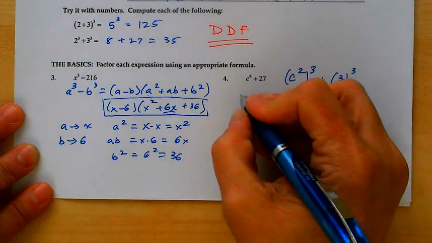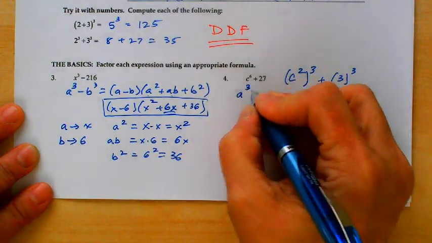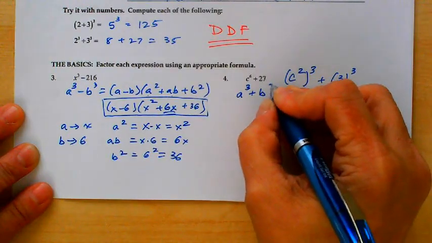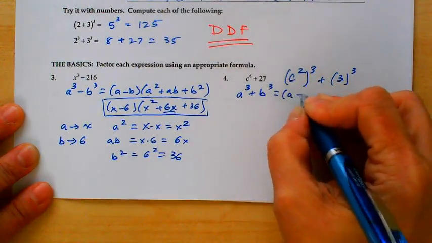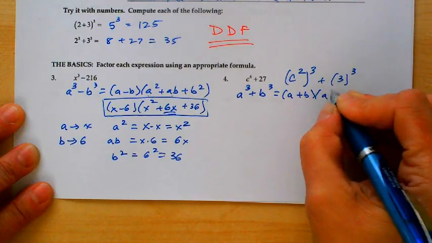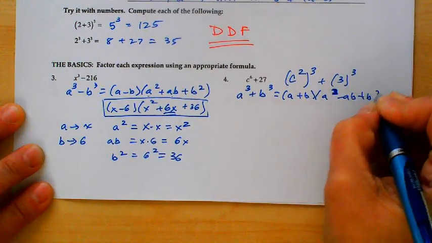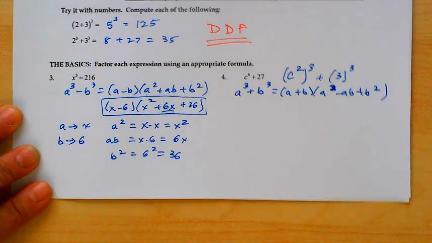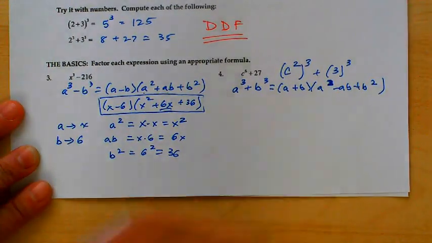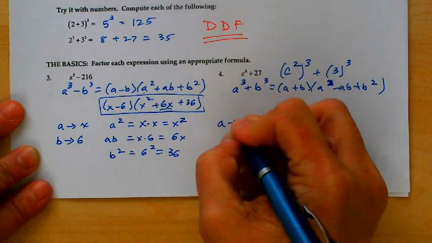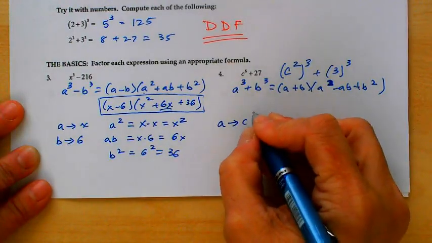Once again, just for reference, I will jot down the formula. Like I said, the more you write it, the more you remember it. And, well, let's see what we're using in the formula. In the place of a, I will insert c squared.